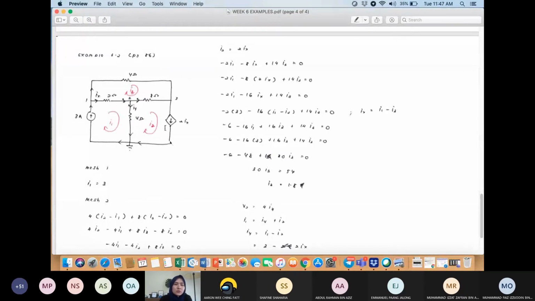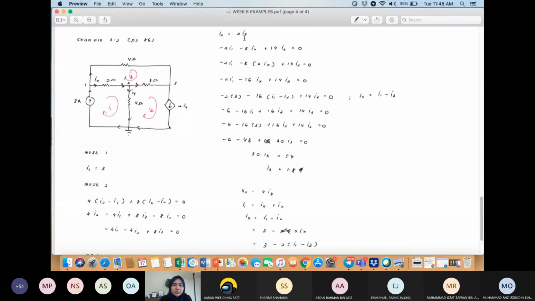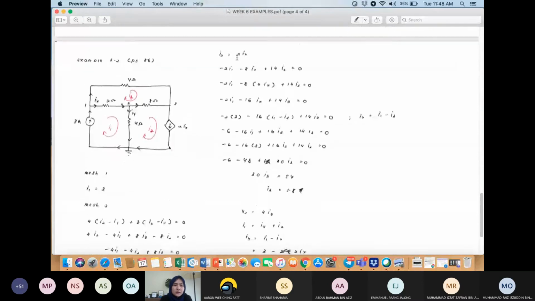So you change I2 and you will get this equation: negative 2I1 minus 8I2 plus 14I3. This I2, I change it to become 2Ix, so you will get negative 2I1 minus 16Ix plus 14I3 equals 0.